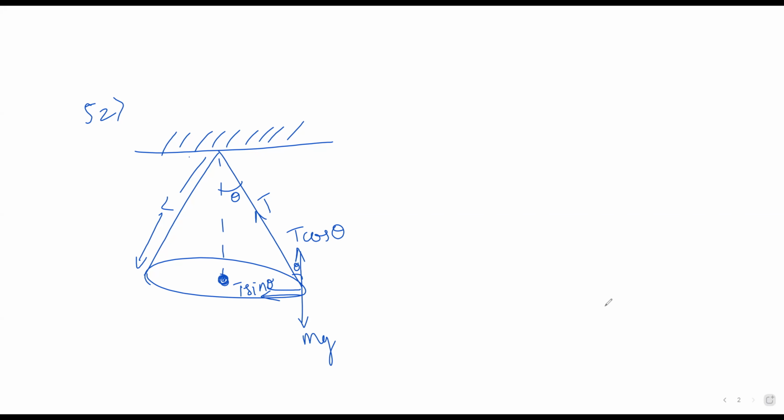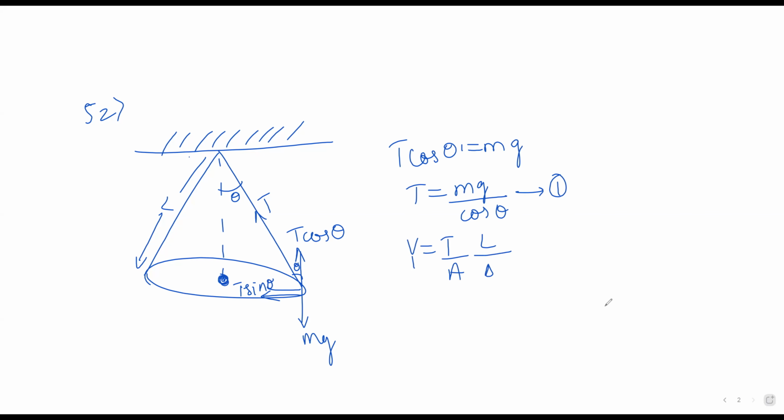So here for vertical equilibrium of stone, that is given by T cos theta is equal to mg, or you can represent this one as T is equal to mg divided by cos theta. So consider this one as equation 1. So we know Young's modulus is represented as T divided by A into L divided by delta L, or delta L is equal to TL divided by A into Young's modulus.